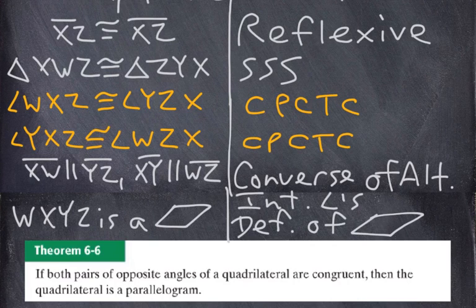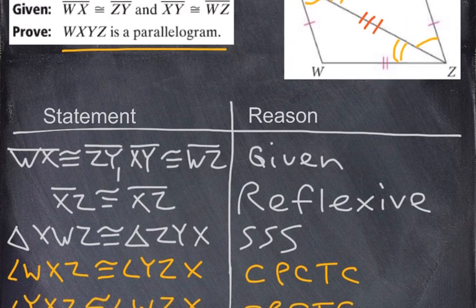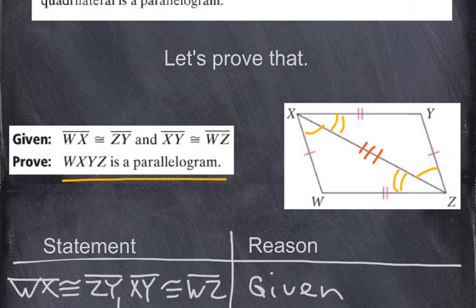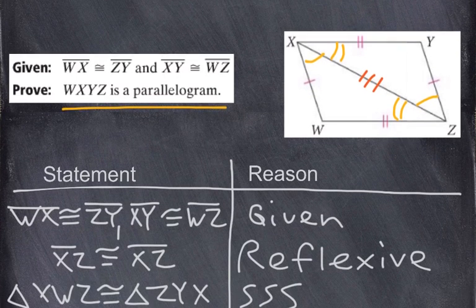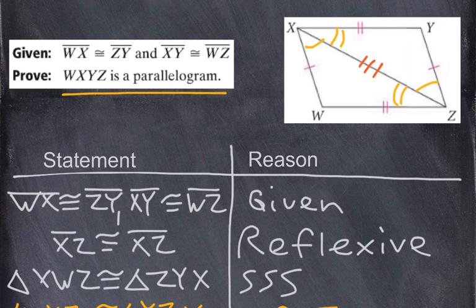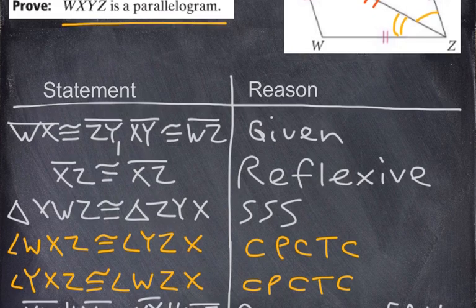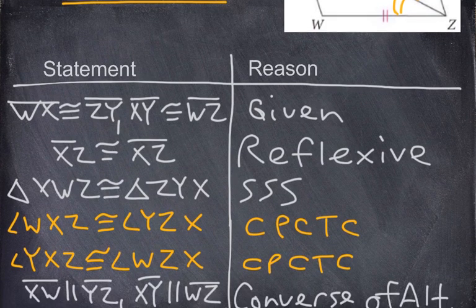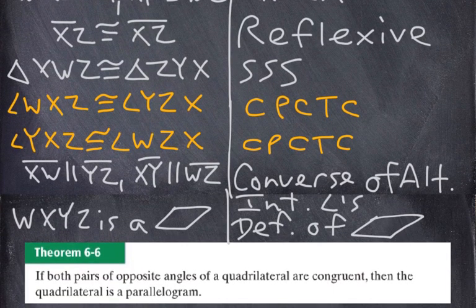Again, I apologize for the wonderful handwriting, but hopefully you guys understand how we're coming up with this proof. We did side, side, side. Therefore, we can say the corresponding parts are congruent, and if alternate interior angles are congruent, the sides must be parallel, which means it's a parallelogram.